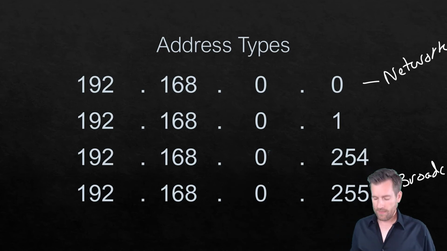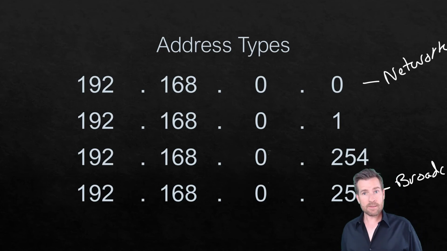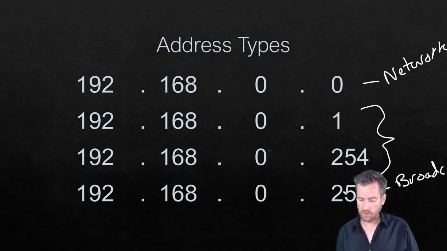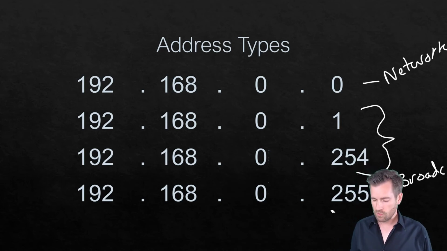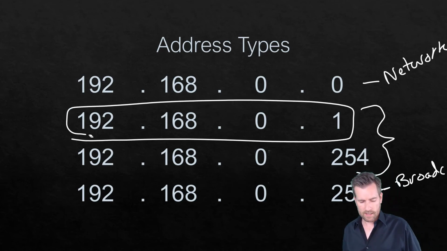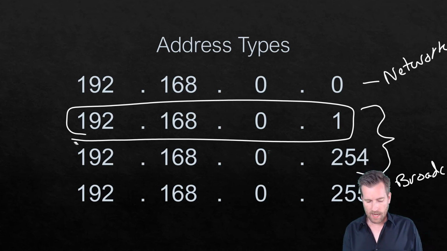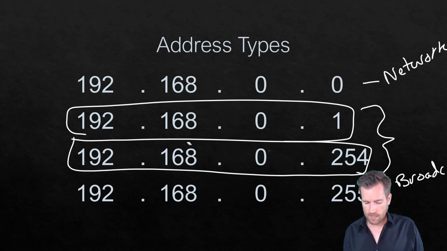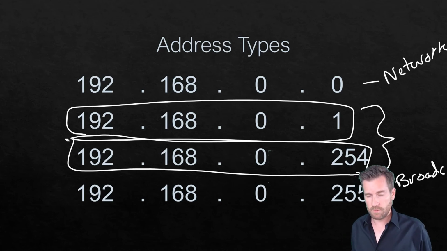And that's what's used for broadcast in that network. Everything in between now are what we can assign to specific machines. So these are the host addresses that we can assign to those machines. This one right here, the 192.168.0.1, is considered the first usable address, and the 192.168.0.254 is considered the last usable address.